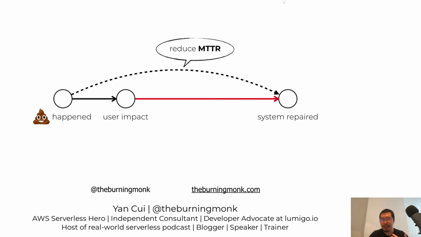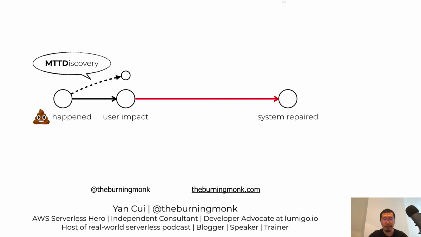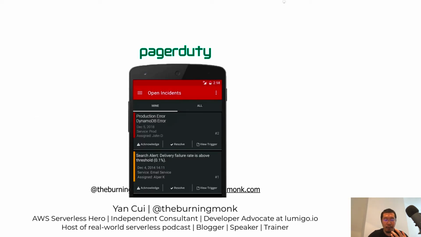When something happens, you want to minimize your mean time to resolution, and a big part of that is being able to identify problems as and when they happen, so that you minimize the time to discovery, so that you don't have to wait for your customer to complain before you notice something is wrong. Instead, your monitoring system should alert you through PagerDuty, through Opsgenie, or whatever it is.